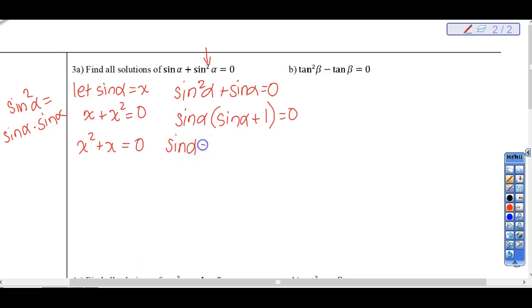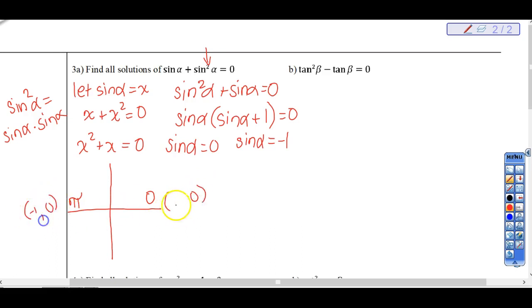So sine of alpha equals 0, which we just solved, thank goodness. And sine of alpha equals -1. Are you good with me solving that in my head? Right, we've done it so many times. And then pop down to your unit circle. We have already decided that at 0 and pi, your sine is 0, right?